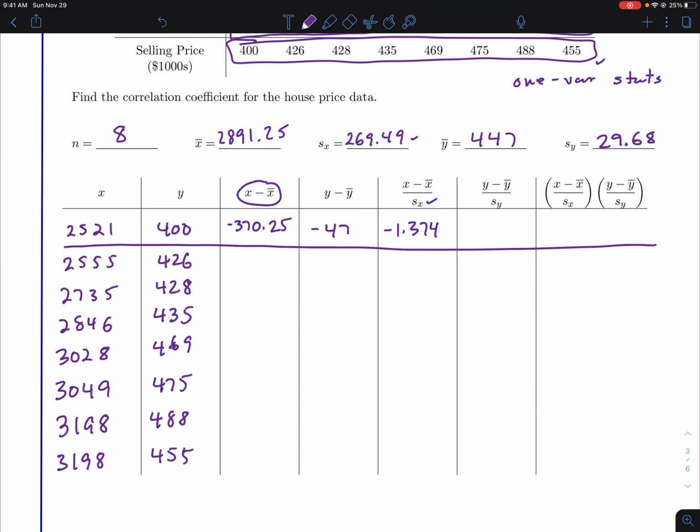Then we do the same thing for the Y's: negative 47 divided by 29.68 gives negative 1.584.